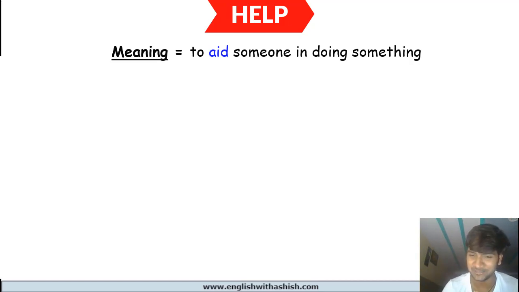It's not literally a causative verb. It doesn't cause somebody to do something, but it does aid, support somebody in doing something. Aid means to support, to aid somebody in doing something.